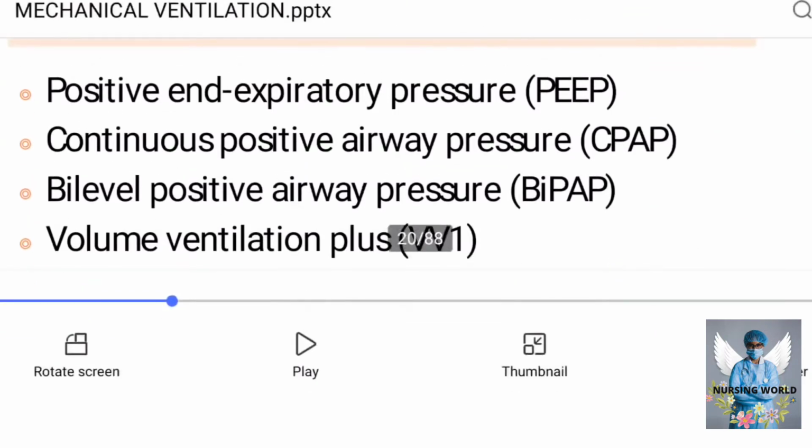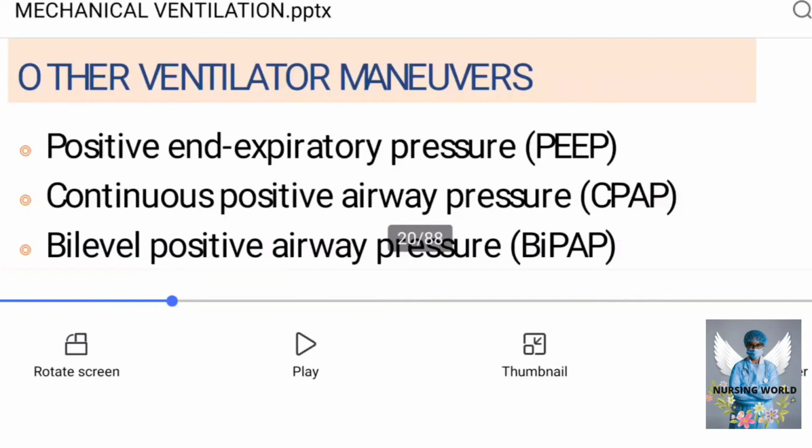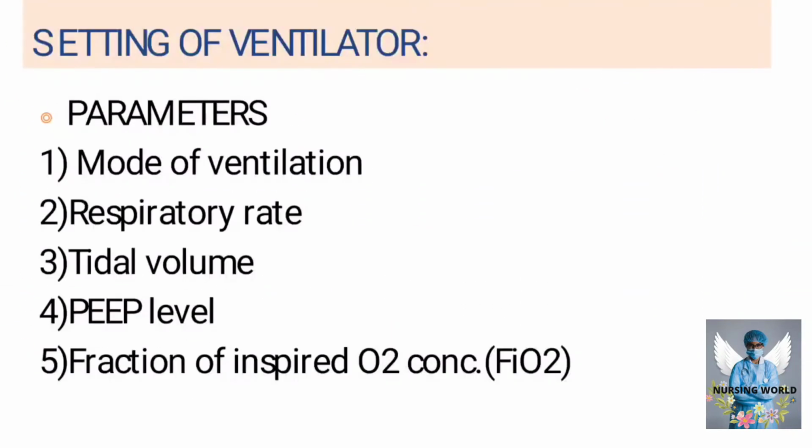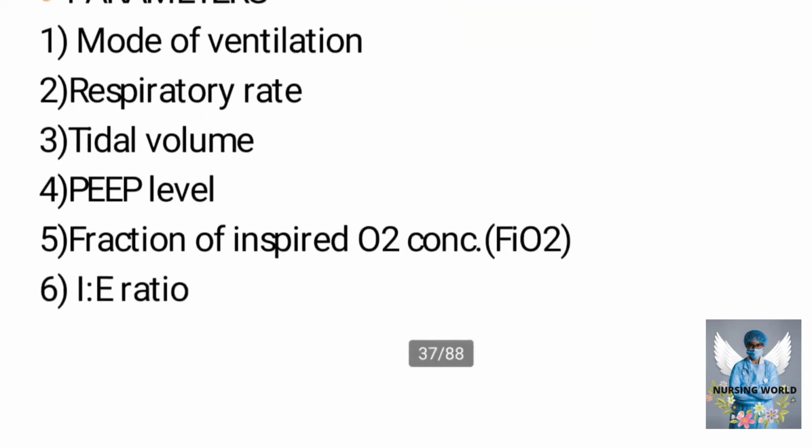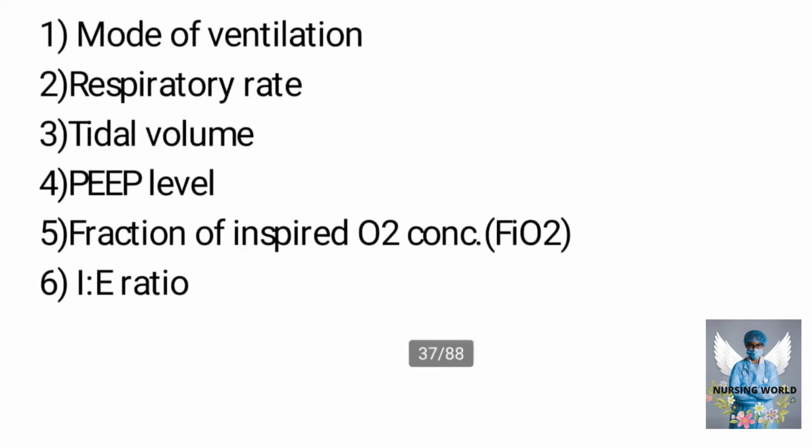These are the other ventilatory maneuvers. Next, we will see the settings of the ventilator. The parameters we need to mainly focus on are mode of ventilation, respiratory rate, tidal volume, PEEP level, fraction of inspired oxygen, and I:E ratio.